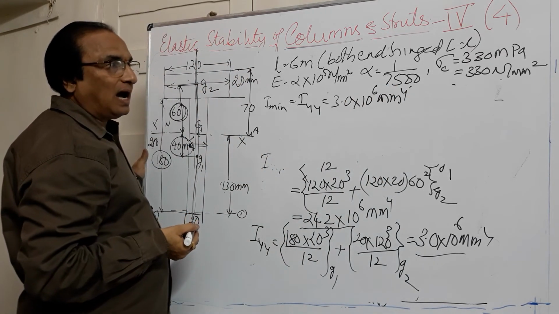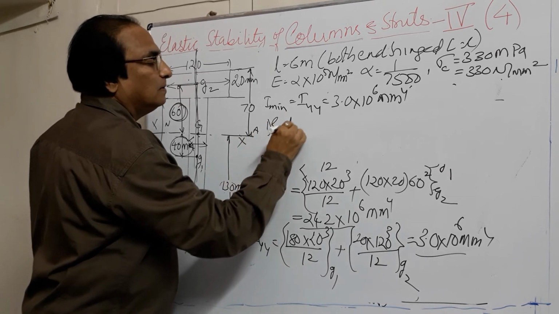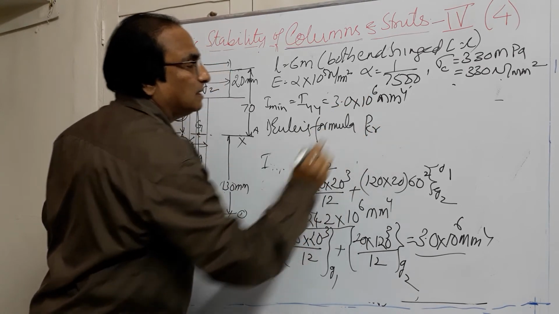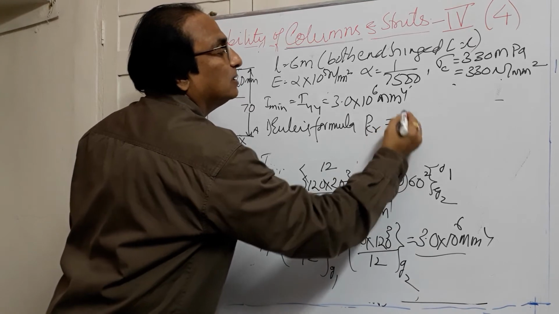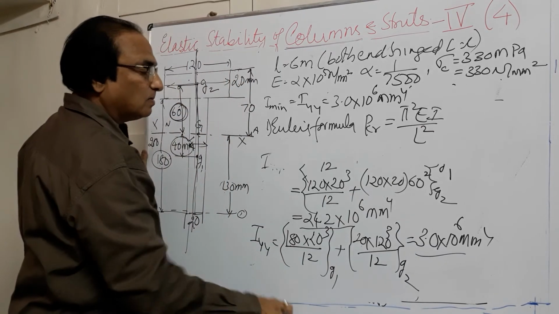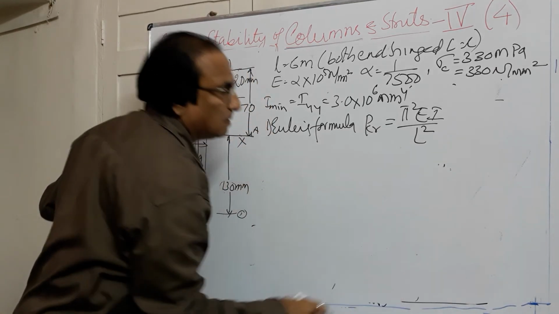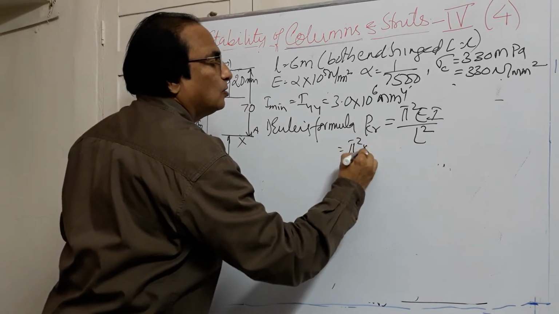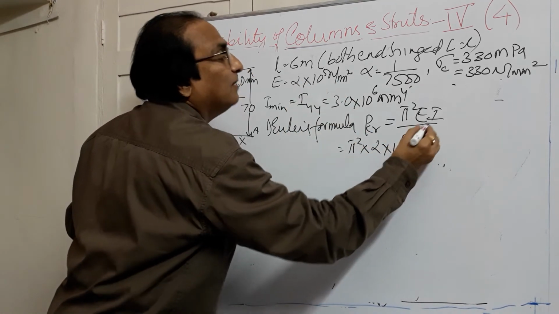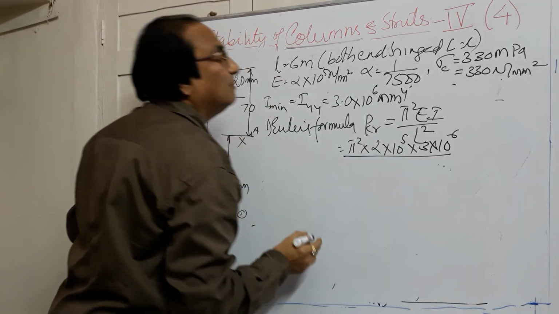Now once I know I, we can go for Euler's formula. PCR, that is the crippling load or bending load or buckling load, is given by pi squared EI by L squared. So this will be equal to pi squared into E, which is given to you as 2 into 10 to the power of 5, into I, which we have calculated as the minimum moment of inertia, 3 into 10 to the power of 6, divided by L squared.